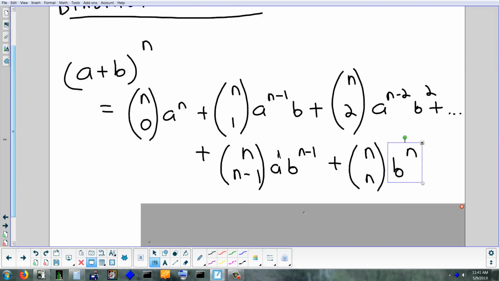It's like a to the 0. So that's why the a is gone. Also, once you get to the end, your b has finally reached its biggest exponent. It's been going up 1 all this time. It finally reaches the biggest number, b to the n. And the coefficient of your last term is in row n, column n. You've reached the right-hand edge of the triangle.